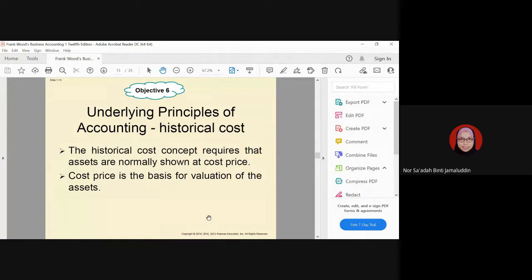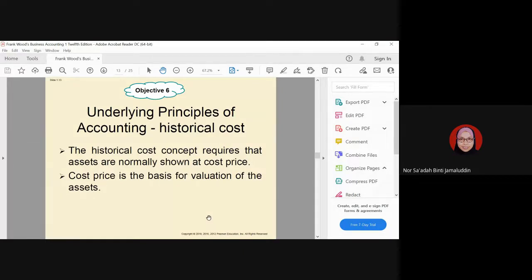When we want to prepare the accounting record or accounting transaction in order to prepare the financial statement, we must record assets with the figure referred to the cost price, not the current price. Cost price is the basis for valuation of the asset. Why must we record assets at the cost price?